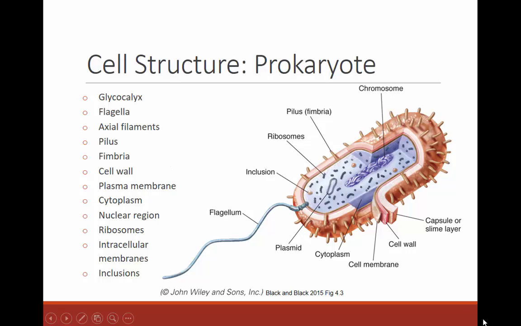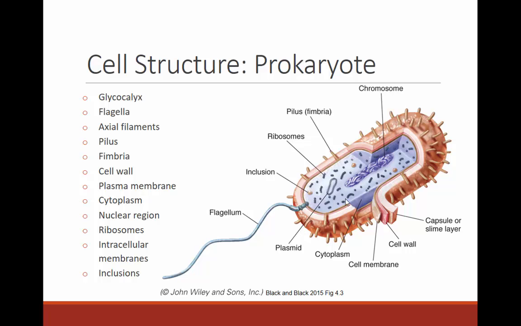Okay. Then we've got the cell wall that we'll look at in a little bit more detail. Then just deep to that cell wall, we have the cell membrane that you're all familiar with, that phospholipid bilayer. Remember? Okay. Inside the plasma membrane, we've got the cytoplasm. That's the fluid material where you have the chromosomes floating around and different types of inclusions, including sulfur granules if it's one of those extra large bacteria.